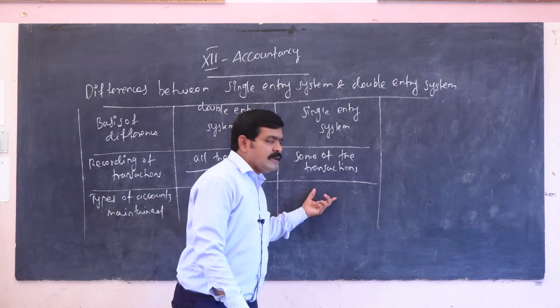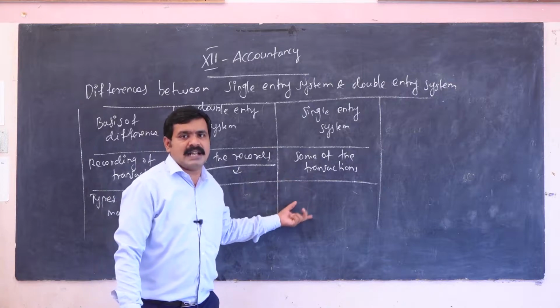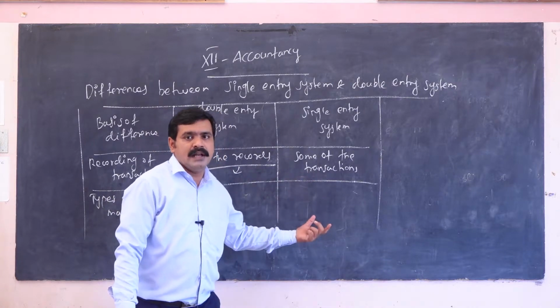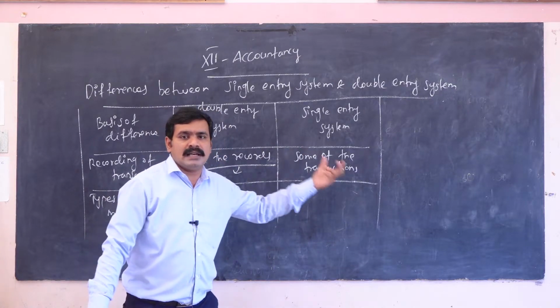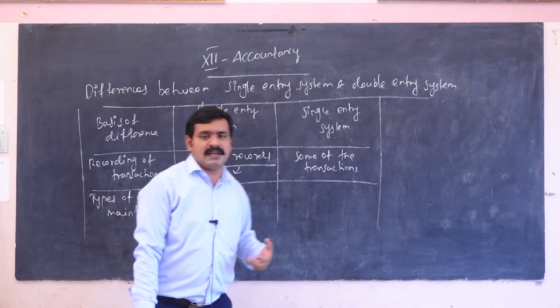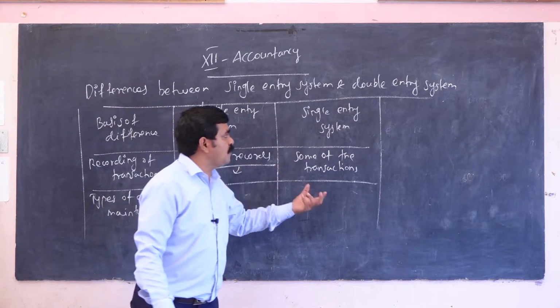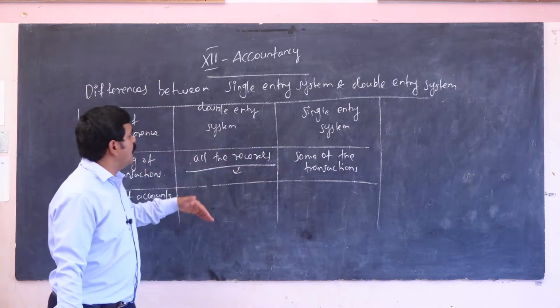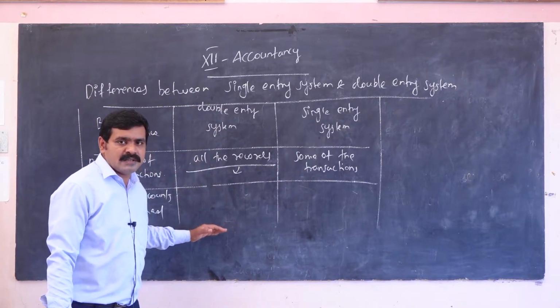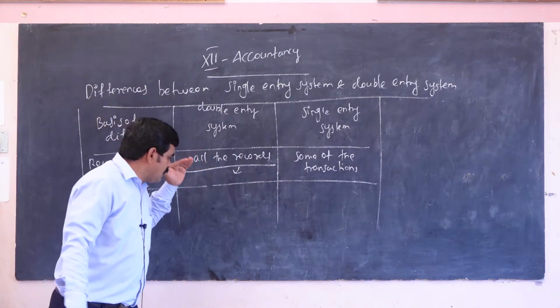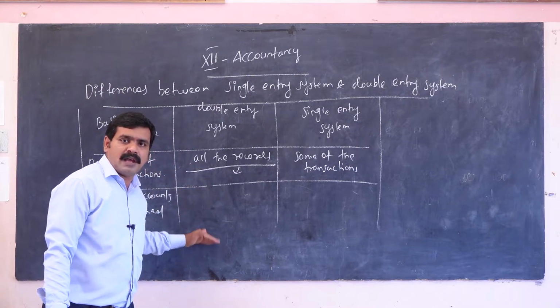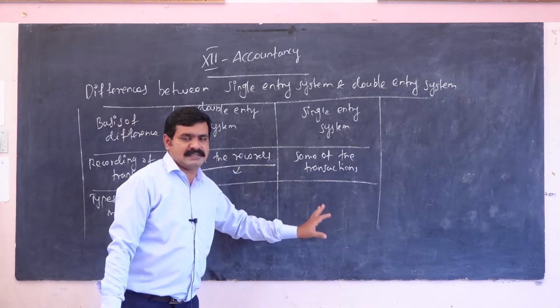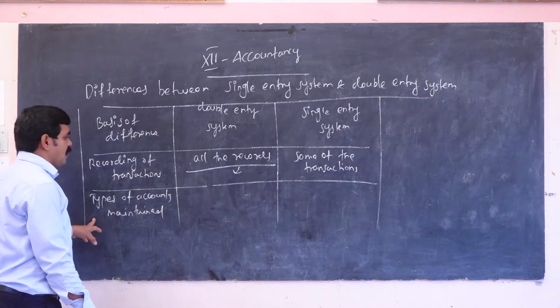Here, in single entry, only a few transactions. Only personal and cash transactions have to be maintained, not nominal, not other expenses, not real accounts. Those are not posted in single entry system. In double entry, all the accounts are posted: personal account, real account, nominal account. This is called types of accounts maintained.